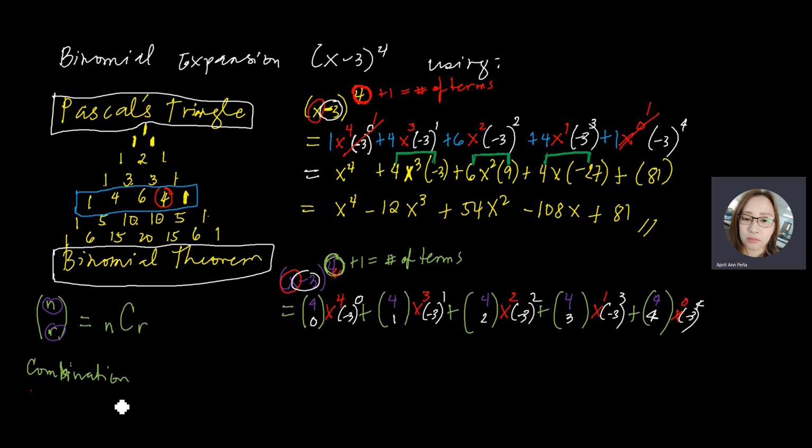Okay, next. So what are you going to do with this in parentheses, which is the combination? Like the 4 and 0, this one, which is combination. In your calculator, you can input this as 4. Then you click on the C. Usually the nCr key or button is on the division of the calculator.